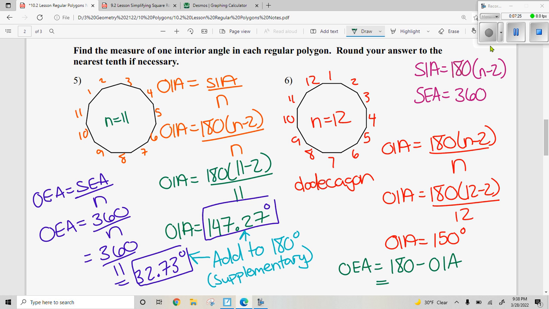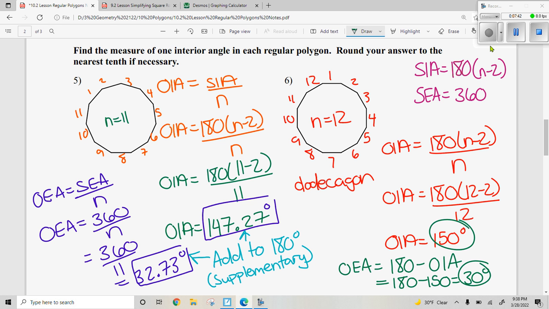So I could do 180 minus 150 and get 30 degrees. If you were to divide 360 by 12, you would also get 30 degrees. So two different ways to find an exterior angle.